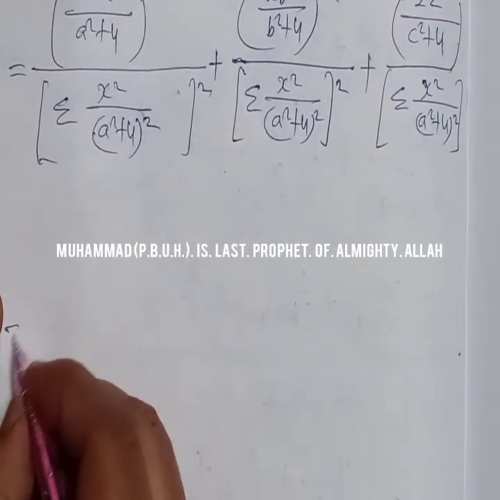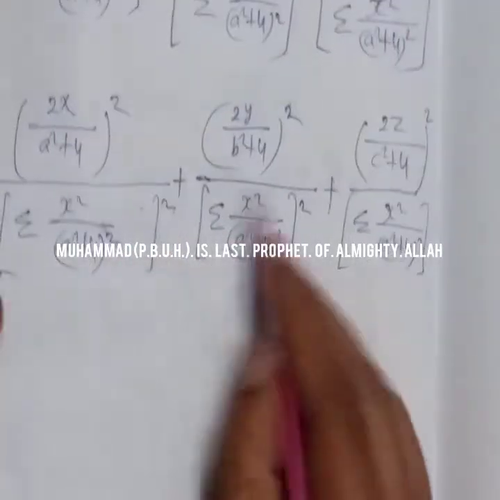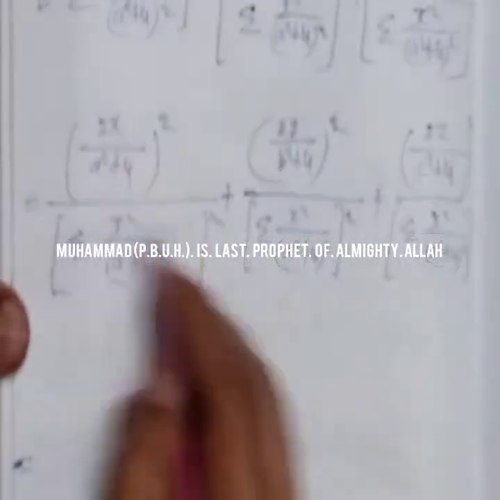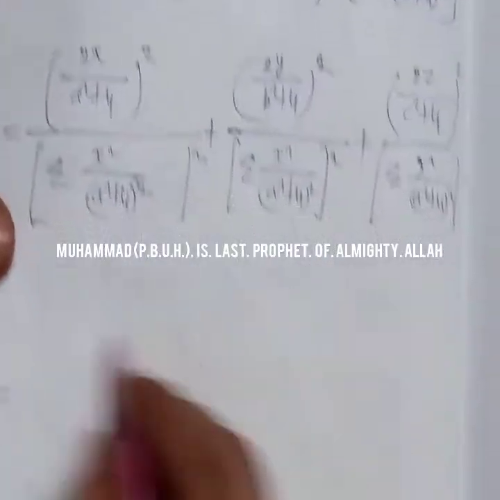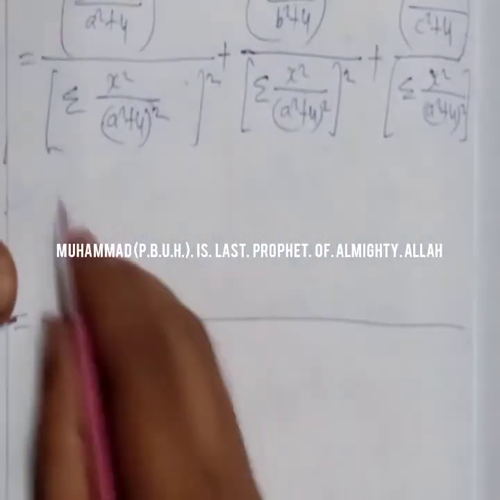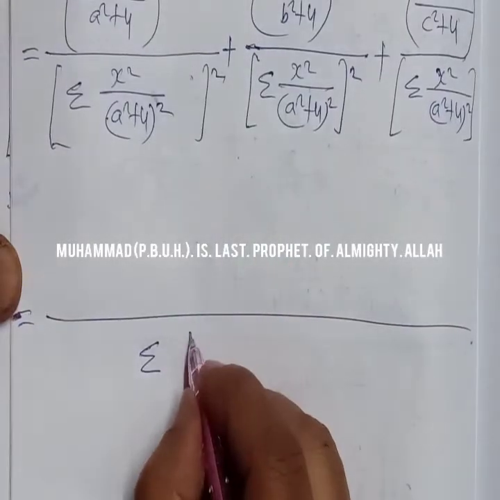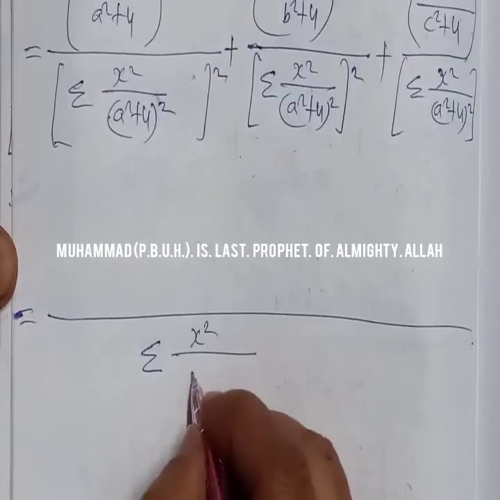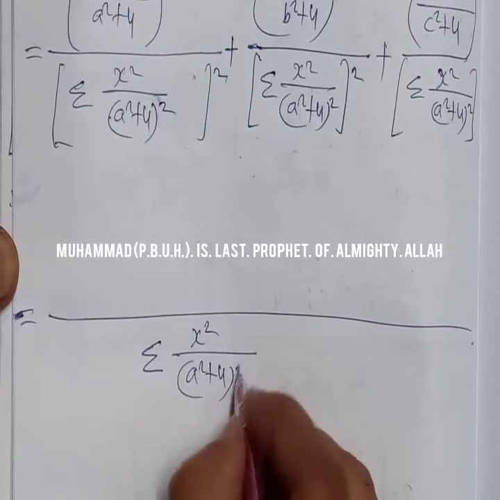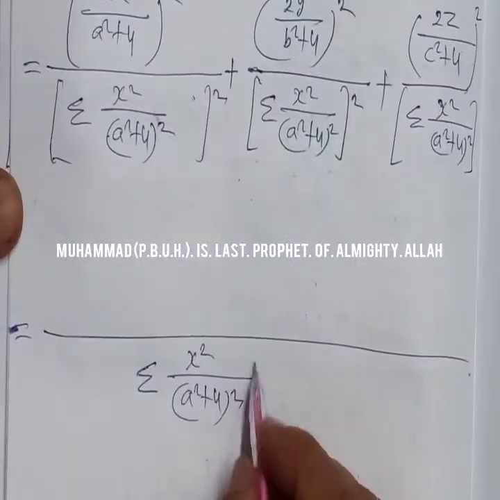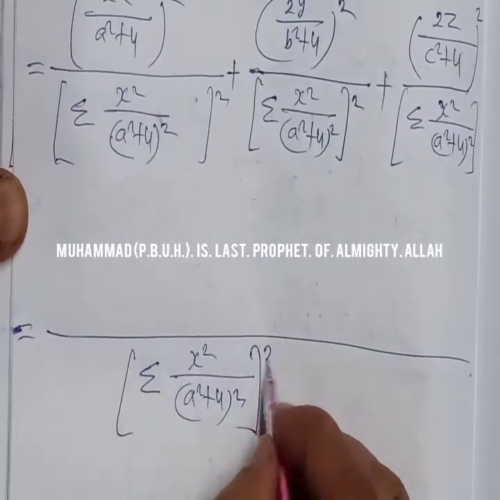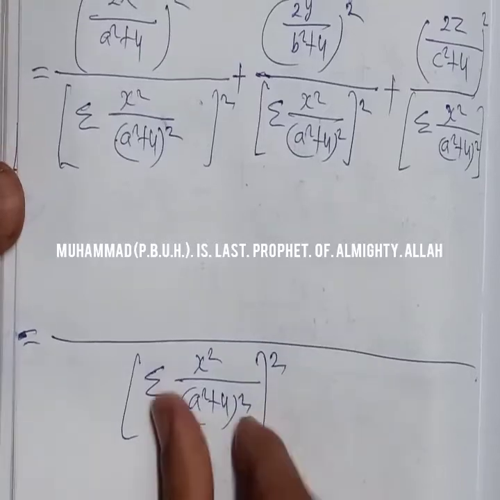We are seeing that all the denominators and all fractions are equal, so take the LCM sigma x square upon a square plus u whole of square, whole of square, and add up these three fractions.